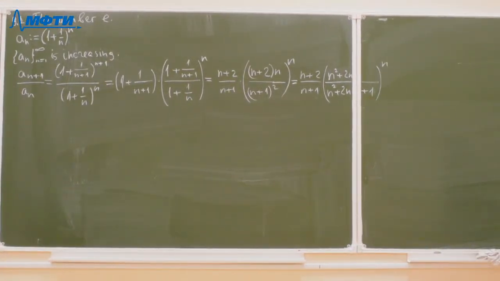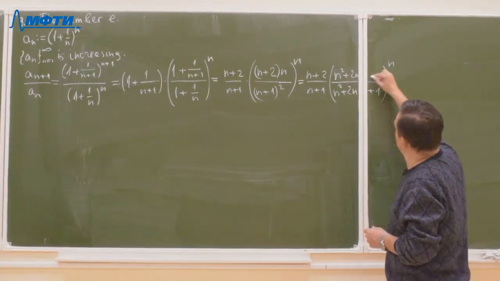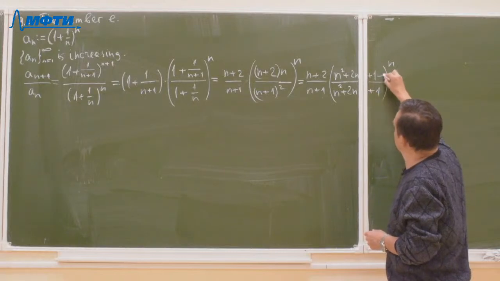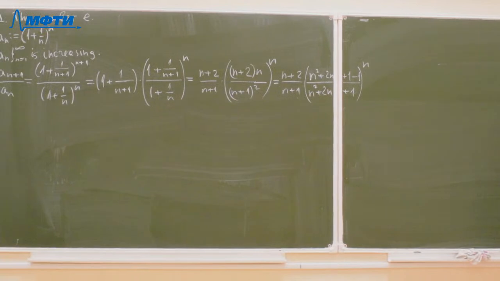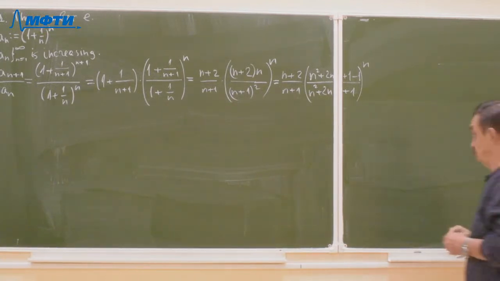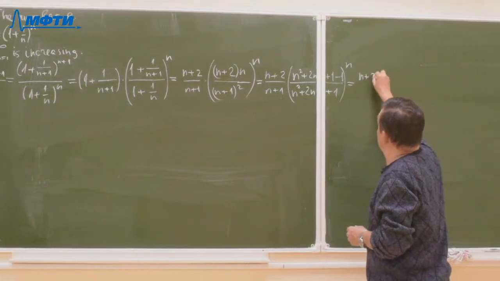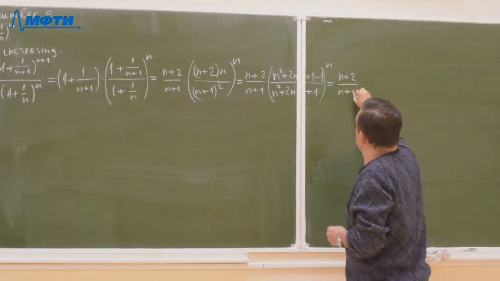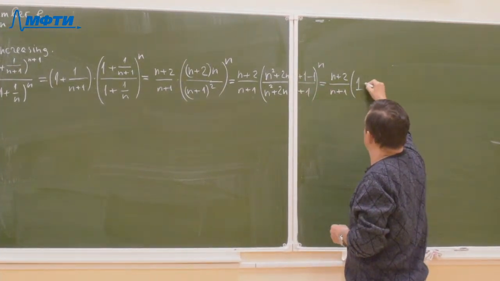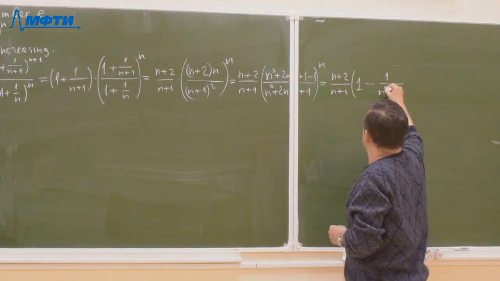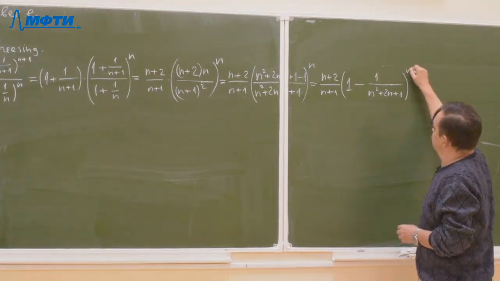Then you see very similar expressions as numerator and denominator, so I'll add and subtract the same one. Nothing changes. And then this is (n plus 2) over (n plus 1) times, so we divide, that is (1 minus 1 over (n squared plus 2n plus 1)) power n.